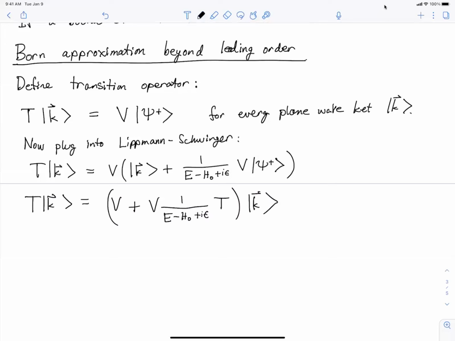So now we've got a great equation because both sides just have K in them. And this was supposed to be true, by definition, for every plane wave ket.